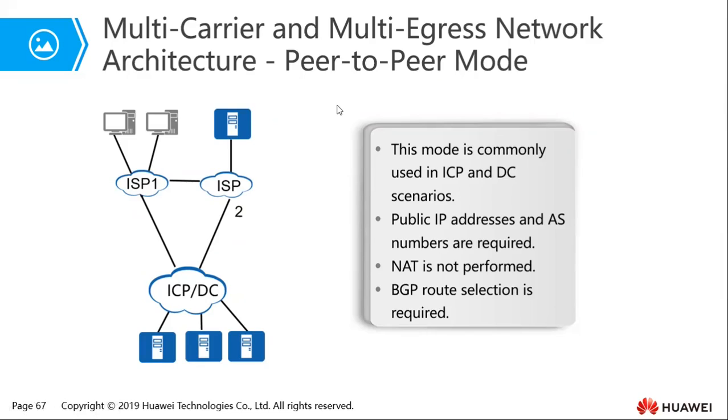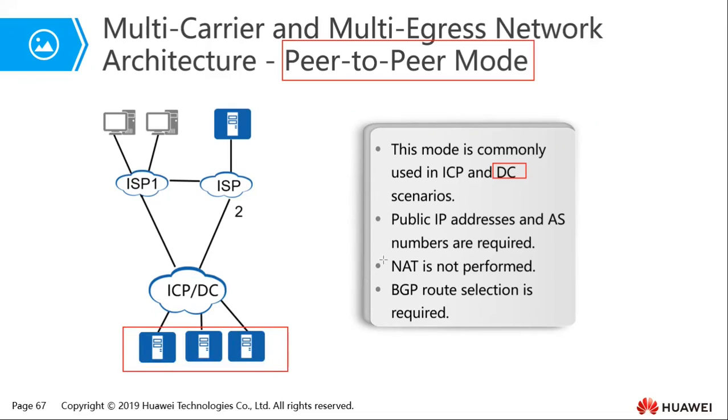Now, the last implementation of multi-carrier and multi-egress architecture is what we call the peer-to-peer mode, which is normally used in data centers. So here, unlike in the other scenarios which we've looked at, all these servers actually have a public IP address. So NATing is not needed and is not performed in any case. That's why they're called peer-to-peer, because it's almost directly connected to the ISP network.